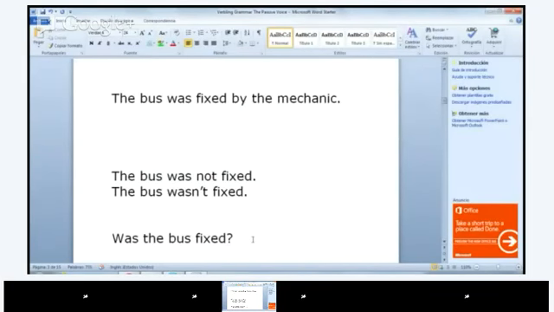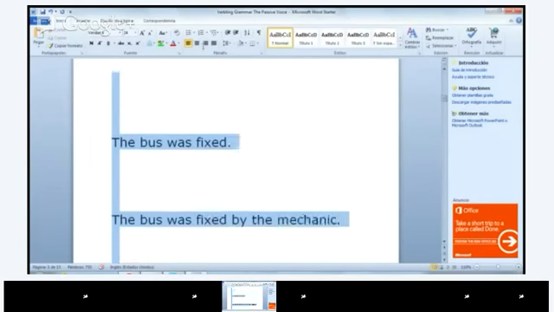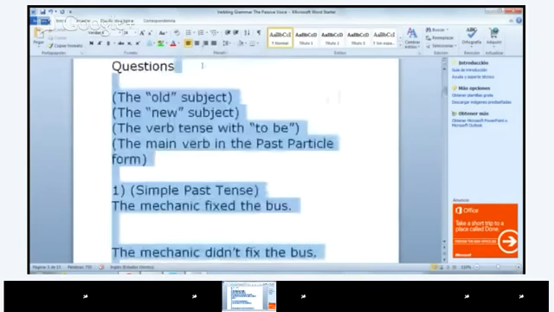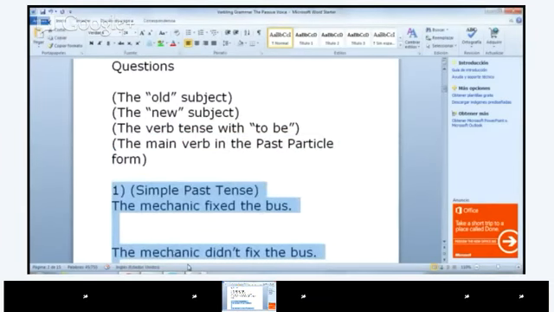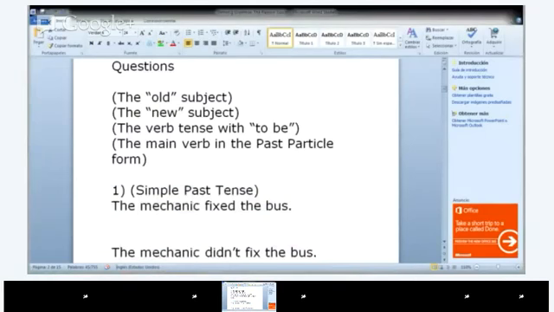What I'm going to do is I'm going to take all of those statements and I'm going to put them in the Verbling chat box. And then this way you will be able to copy and paste them and translate them and take a look at them. All right, so let's move on to my next example.